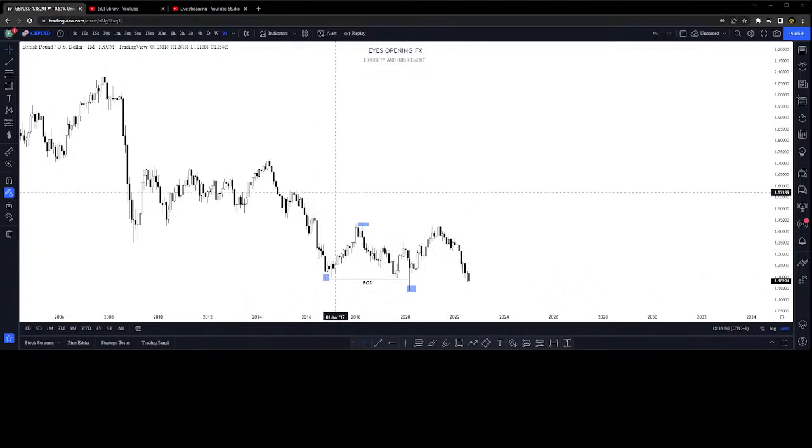Okay, welcome to Ice Opening Effects. So in this video, I'll be breaking it down from our technical and order flow to try and know our next impulsive wave in the market.